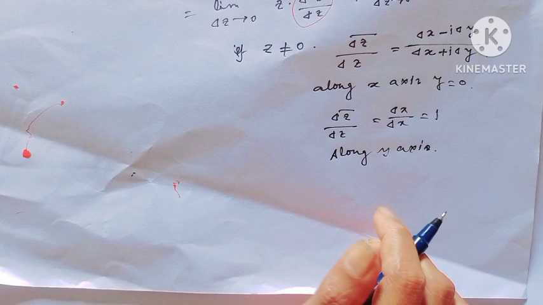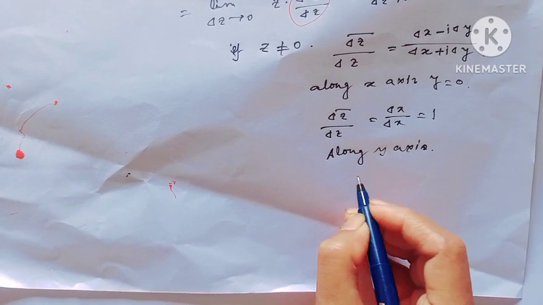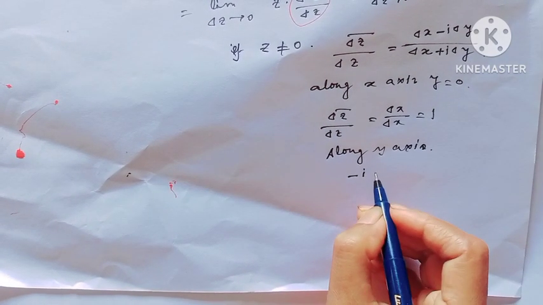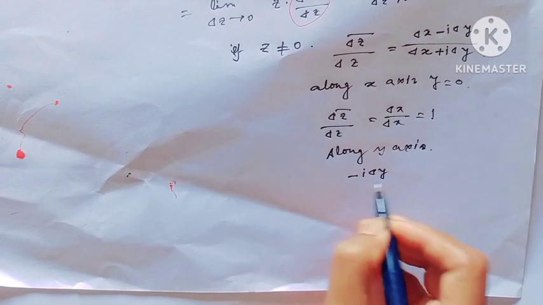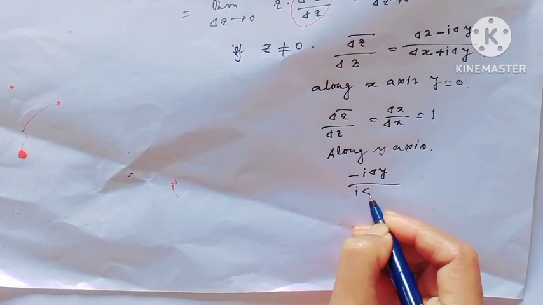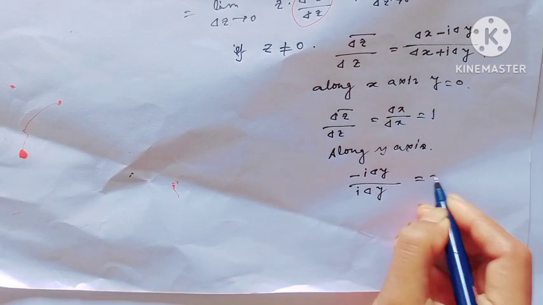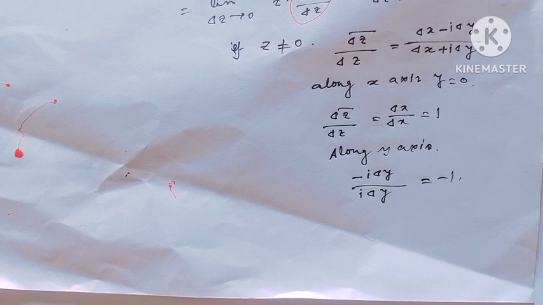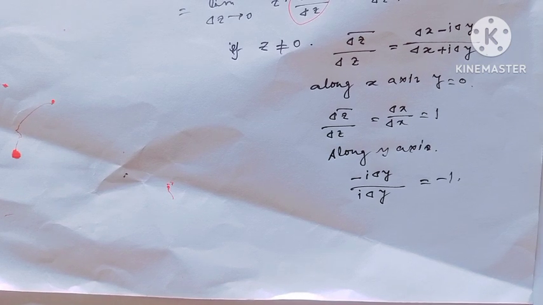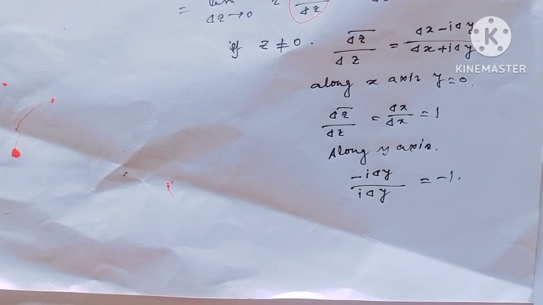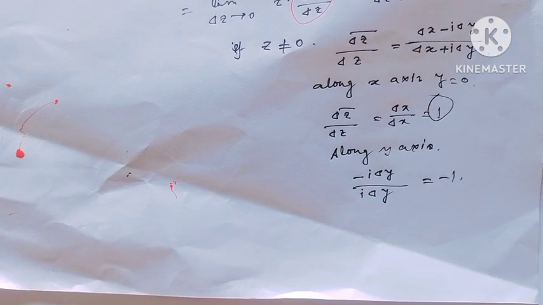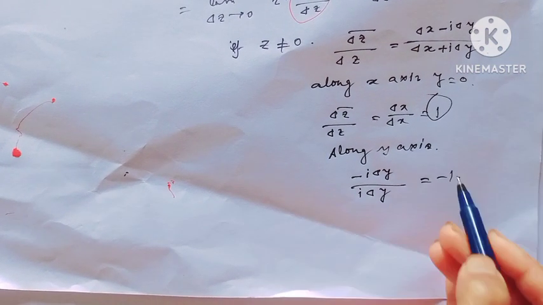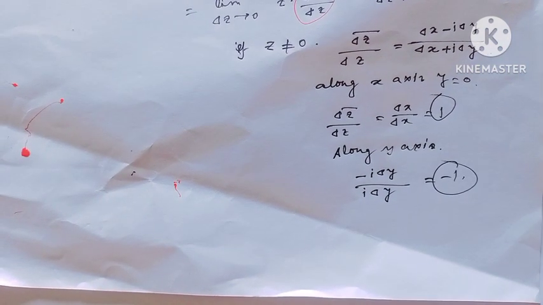obviously delta x is equal to 0, then this value would be minus i delta y over i delta y, and this value would be minus 1. Notice, similar to before, along the x-axis the value of the limit is 1 and along the y-axis the value of the limit is minus 1.